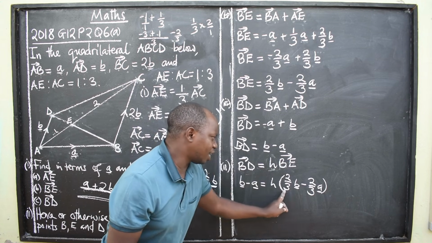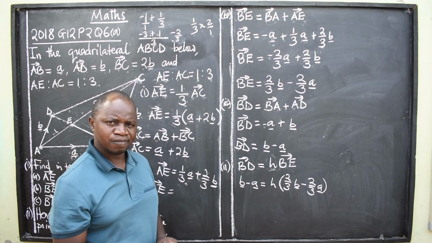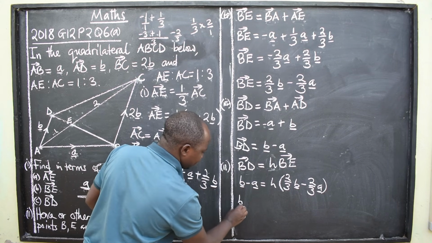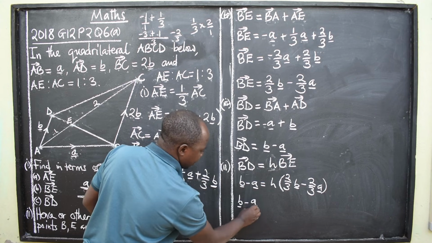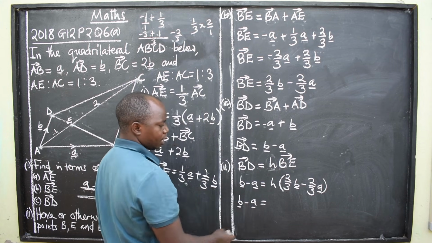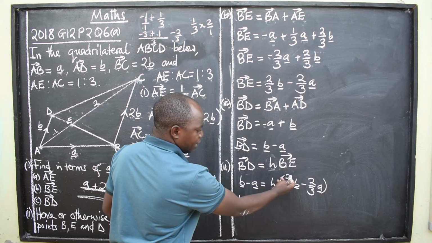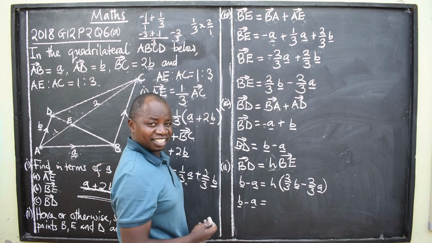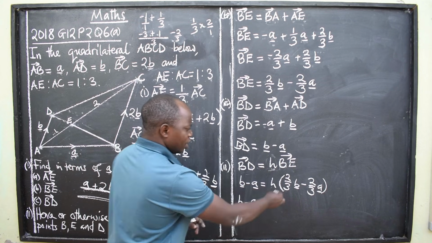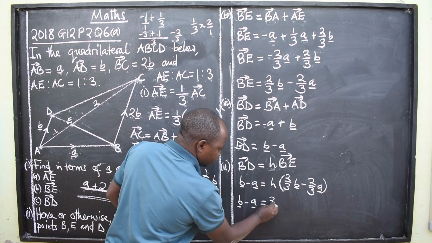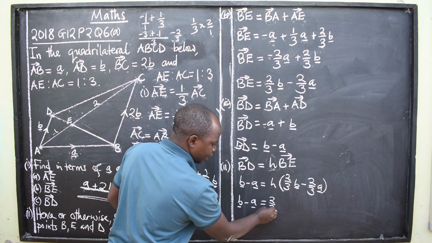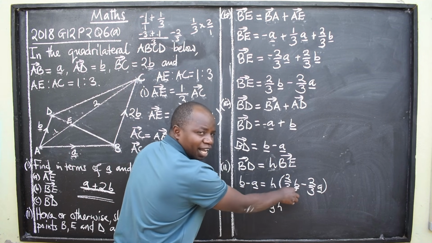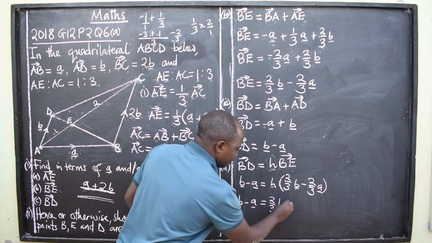Then this side we can expand. When we expand, we are going to have B minus A is equal to H times 2 over 3 B. This is the way you should write in vectors. You start with a number, 2 over 3, followed by the vector. Vector should always be the last thing.